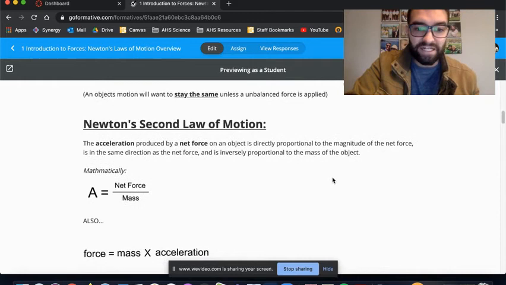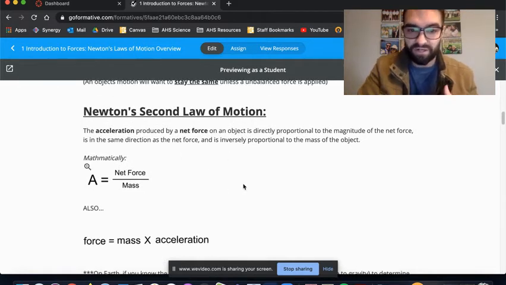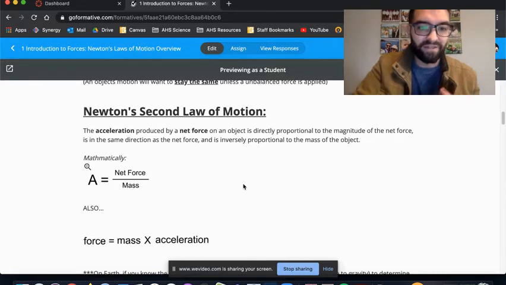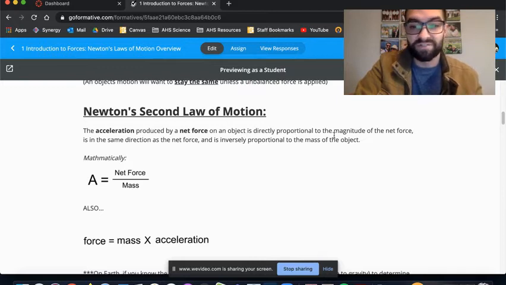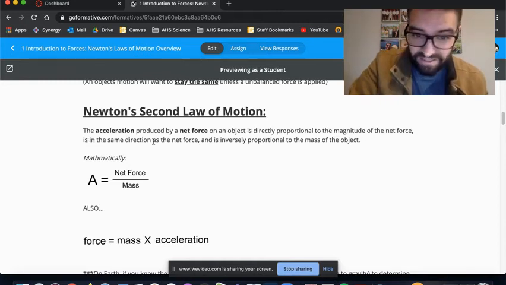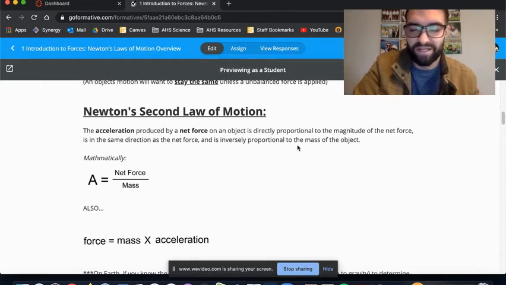Okay, Newton's second law. This is the one we're going to focus the most on as we continue through this unit. But it's talking about the acceleration produced by a net force on an object is directly proportional to the magnitude of the net force, is in the same direction as the net force, and is inversely proportional to the mass of the object.